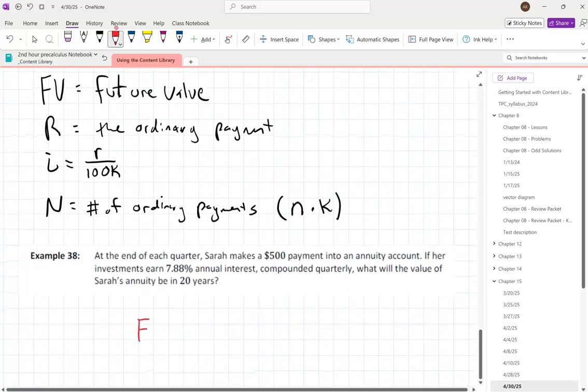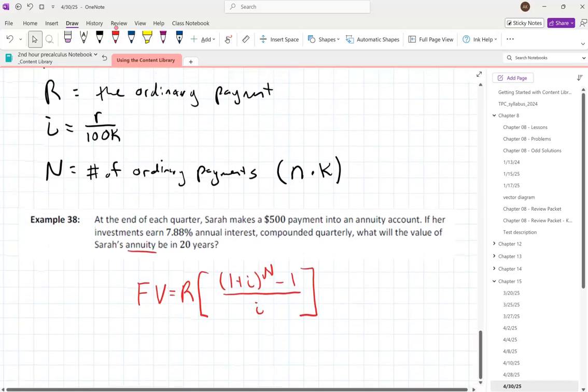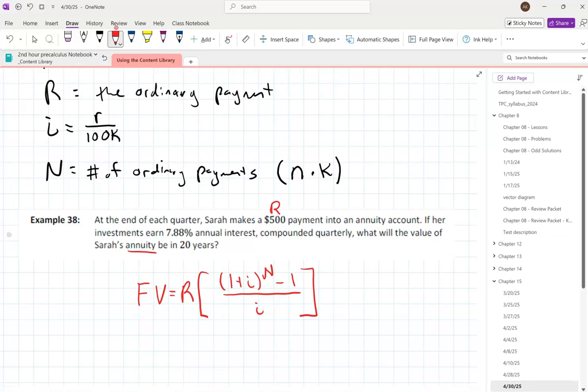So I hear the term annuity, so I know I'm going to be doing this. So R, or $500, is my regular payment. 7.88 is my interest.